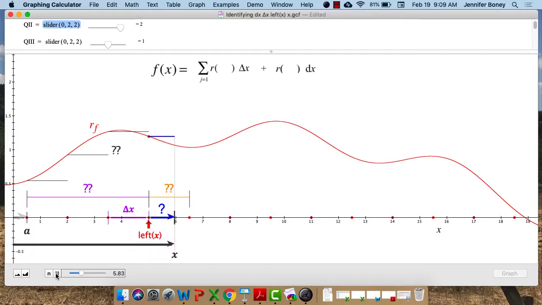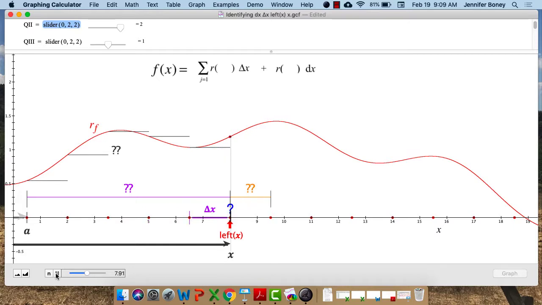We could have all of them labeled, but that would be a little too busy to look at. So we've got delta x, the lengths of our intervals, and left of x, which gives us x values that are always at the left side of an interval.